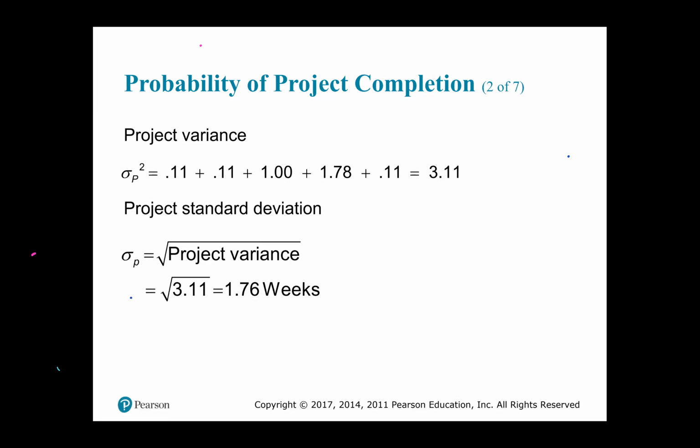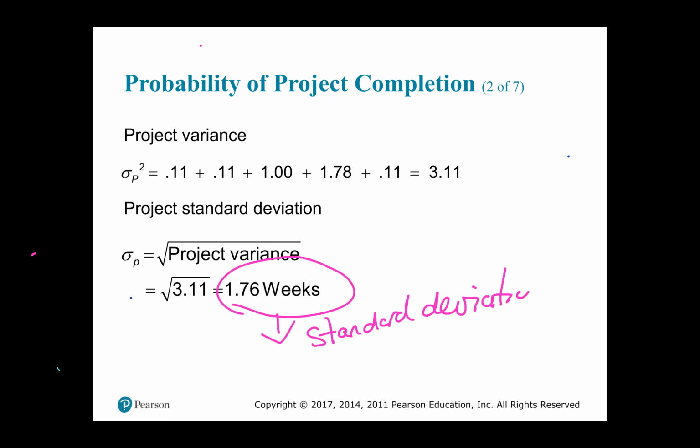So this 1.7 weeks is the standard deviation. Really we find the variance of each activity on the critical path.